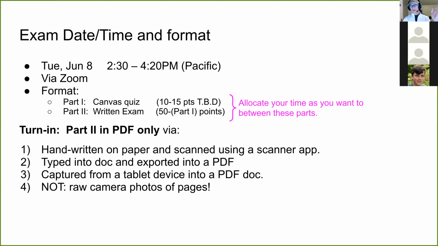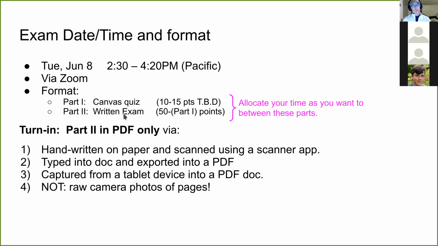They will be turned on at 2:30 and turned off at 4:20. There's going to be a Canvas quiz with some multiple choice questions that you answer on Canvas. And then there's going to be a written exam. I expect the Canvas multiple choice quiz will be 10 to 15 points. It's not quite decided yet. And then the rest of the points will be the written exam.